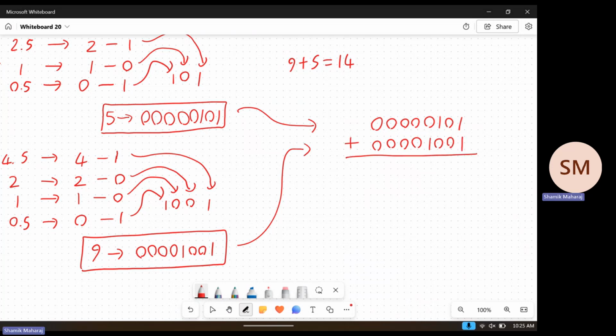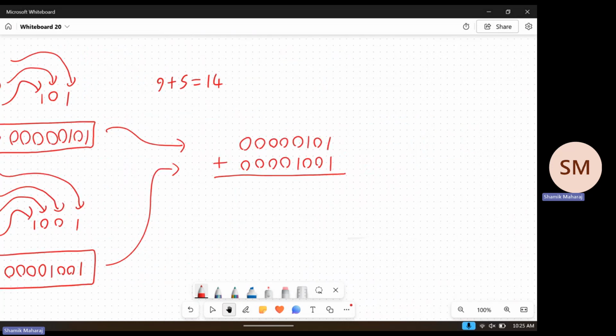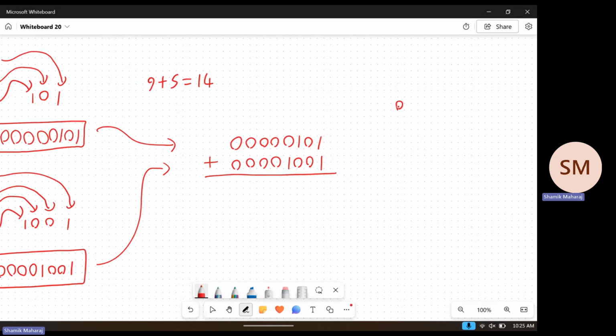And again, here we just do the old-fashioned method of adding. Remember, there's only 4 possible things that can happen here in binary. I'll recap those things here on the side. If we get 0 plus 0, we will get 0. 0 plus 1 will be 1. 1 plus 1, usually we will get 2 for this, but in binary there is no 2, so it goes up to 10.